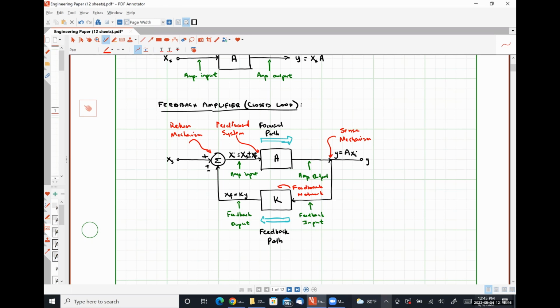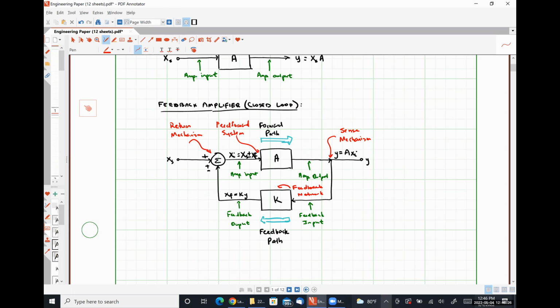So our general closed loop feedback amplifier circuit consists of 4 distinct parts. Our feed forward system, which connects to our sense mechanism, which in turn connects to our feedback network, which in turn connects to our return mechanism, and then over and over and over again. So that some portion of our feedback signal, which is a scaled version of the output signal, gets combined with the actual signal that we are applying.